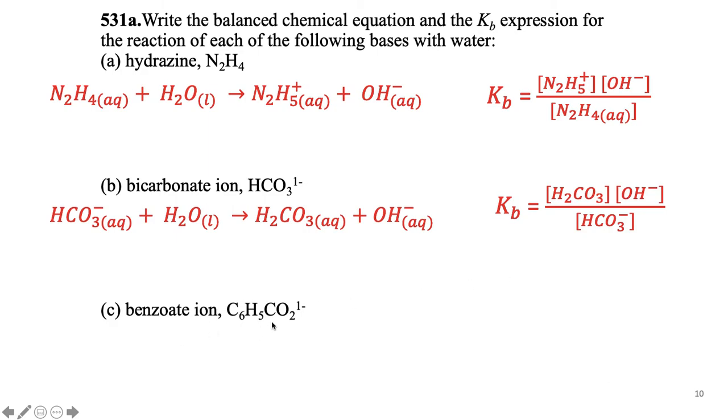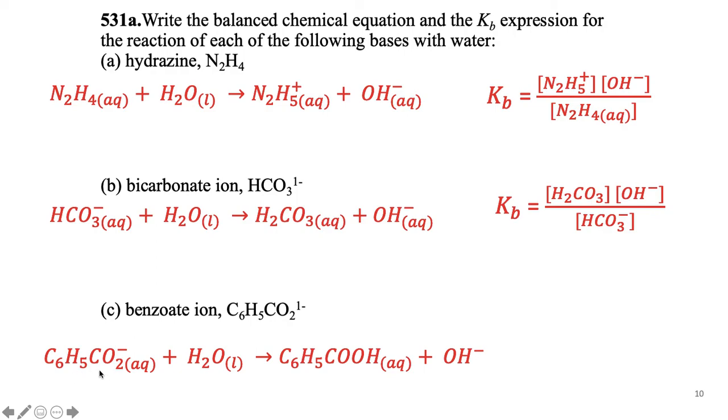The benzoate ion will act as a base, will accept a proton, so we'll add a hydrogen, and this goes from minus 1 plus a 1 to 0. Here it is. Here's my benzoate ion. It becomes benzoic acid, C6H5COOH. I added a hydrogen, so here I have written the O's out. Here's O2, but it's the same idea.